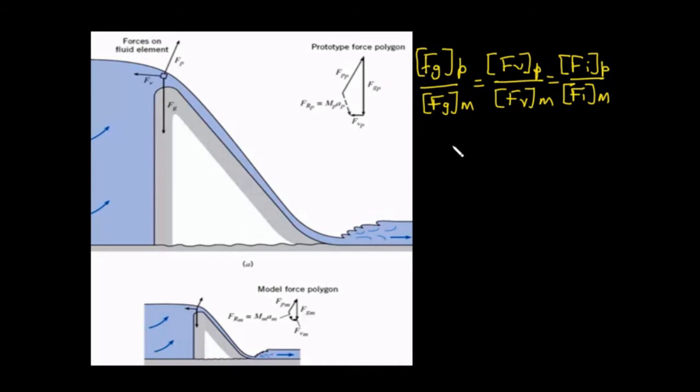So if we want to say that a model and prototype are dynamically similar, then the ratio of all the corresponding forces in the model and the prototype should be the same as shown here.